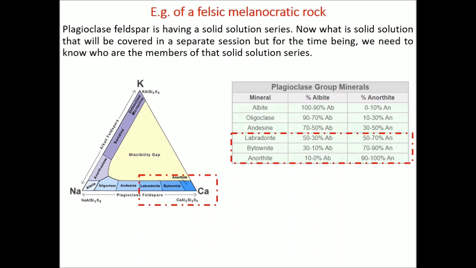Since the anorthite content, or Ca content, is greater than 50%, these species of plagioclase feldspar, which you cannot identify with the naked eye, can confuse us because they have a color of dark gray to even black.